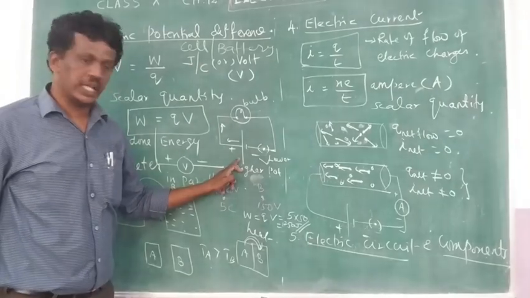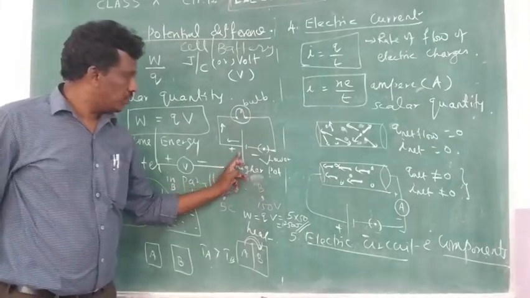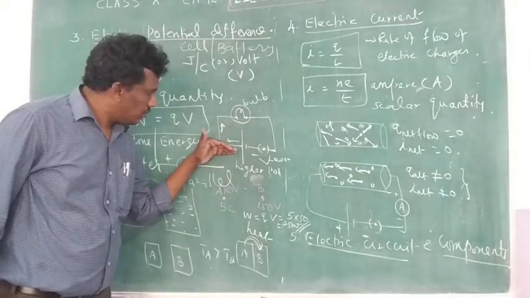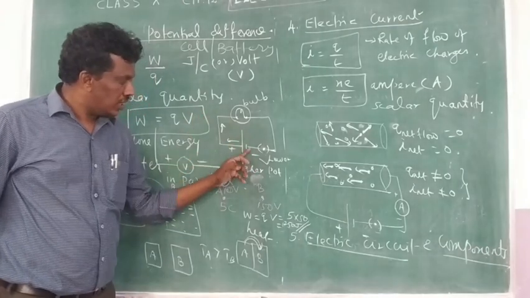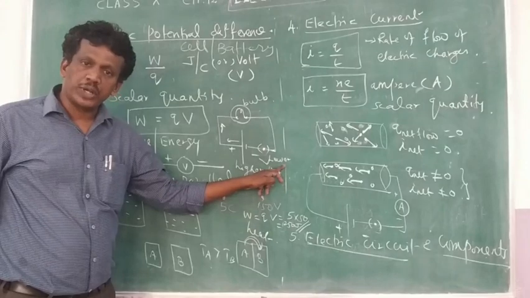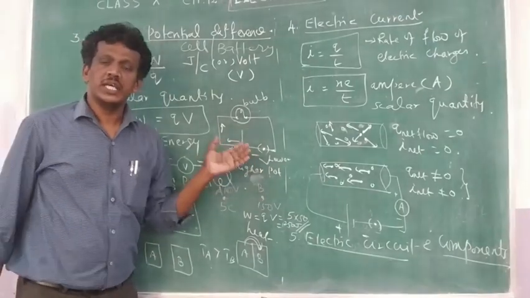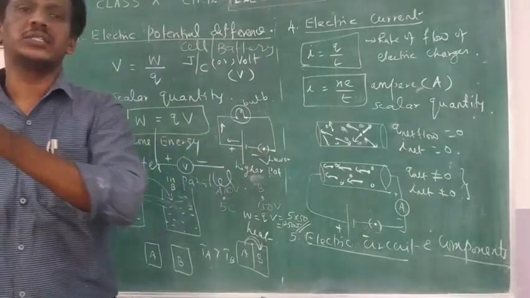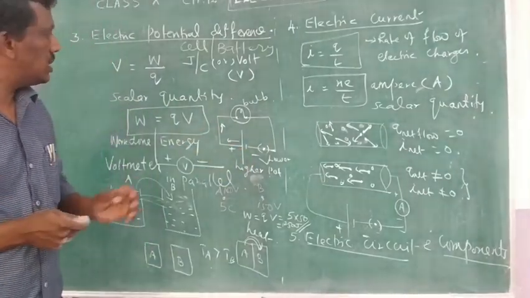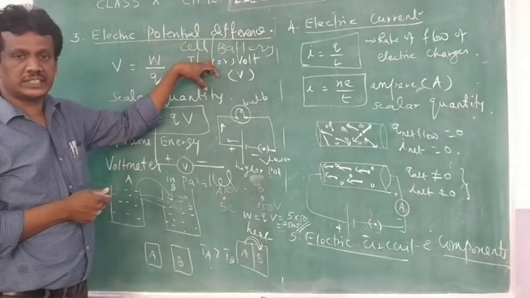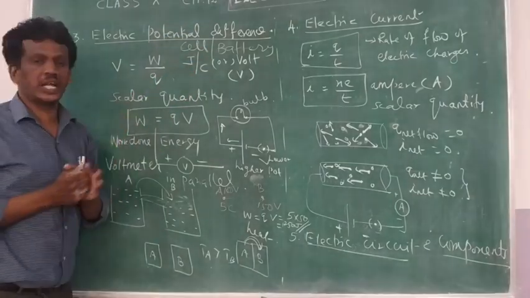This is nothing but a cell. This is the positive, this is the negative terminal. Two terminals are there. The positive is at a higher potential, the negative is at the lower potential. So once the potential difference is developed, the electric charges start flowing. So which is responsible for electrical conduction? Potential difference. So how to define potential difference?